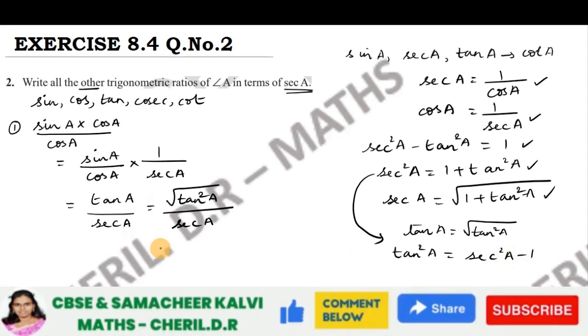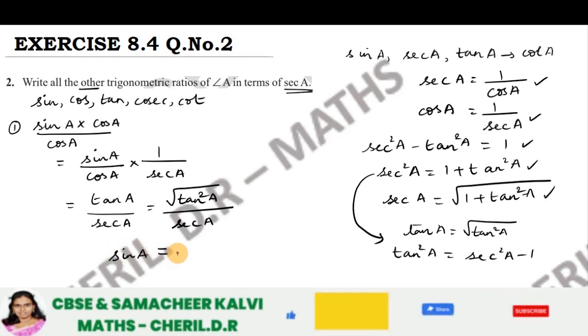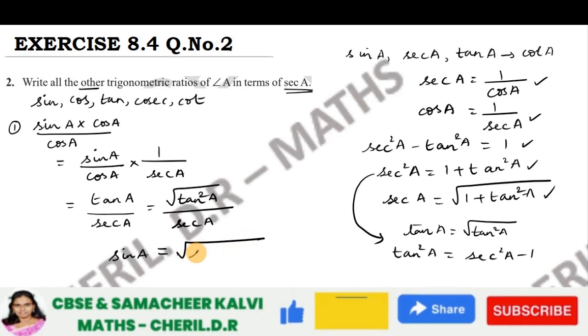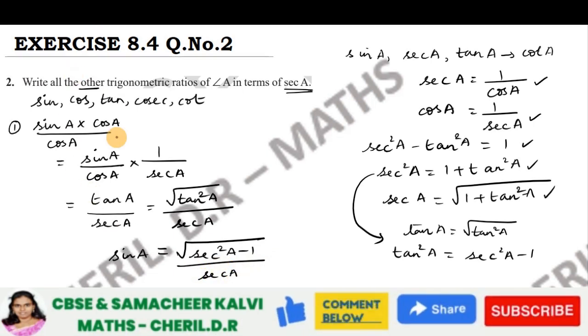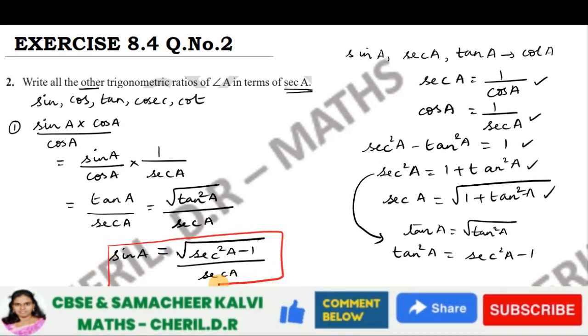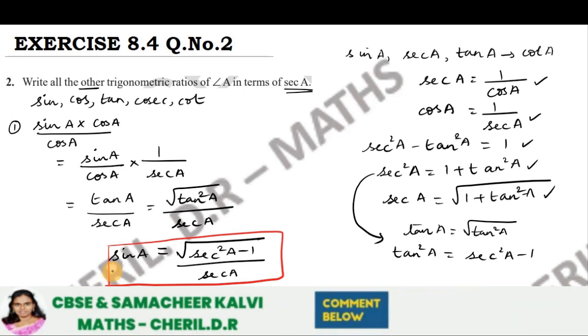So let me substitute that here. So now I can write sin A is equal to square root of secant square A minus 1 divided by secant A. So this will be my answer for writing sin A in terms of secant A.